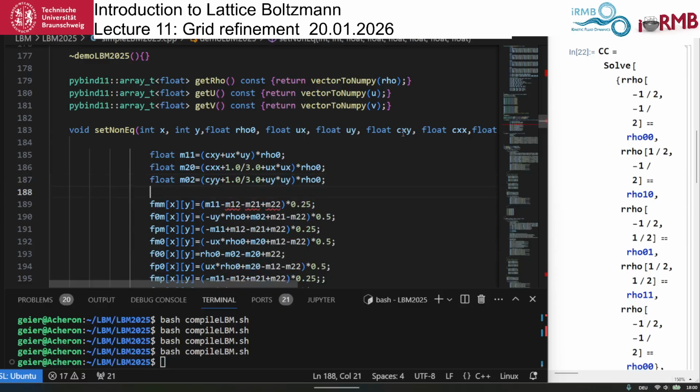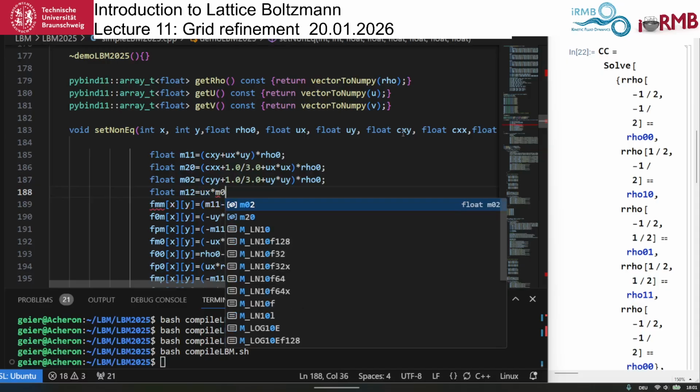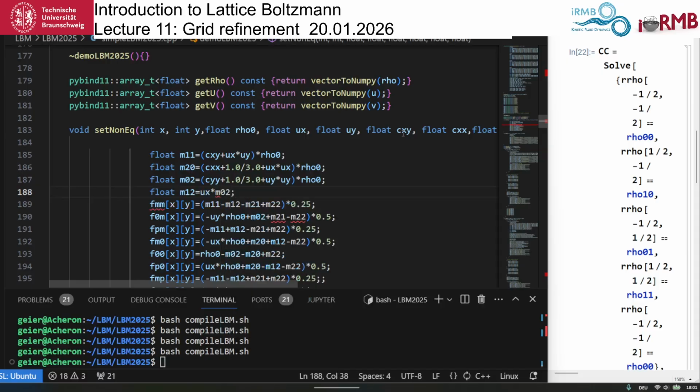Right. So then we need these other guys. So what do we do with these? Well, my suggestion would be to use ux times M02. What's about that? Make sense?